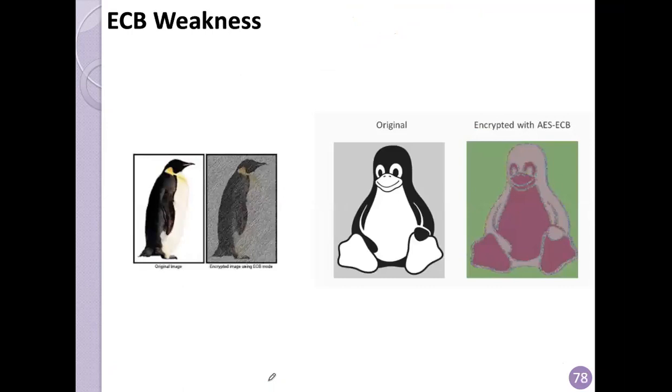Okay, look at these two figures. This is the original data that we have. Of course, this is going to be bigger than 128 bits. This is a figure, let's say 300 by 400 grayscale.